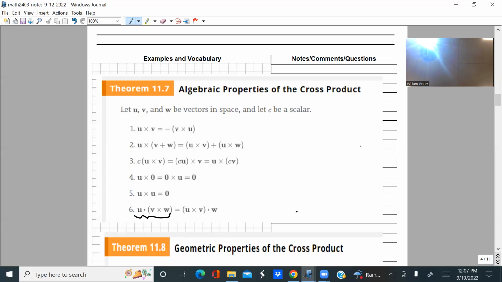This is called a triple scalar product. So when you combine cross products with dot products, that sort of operation is called a triple scalar product.